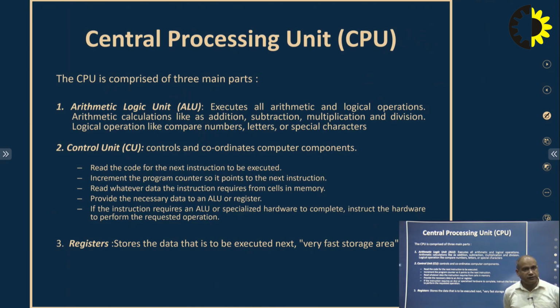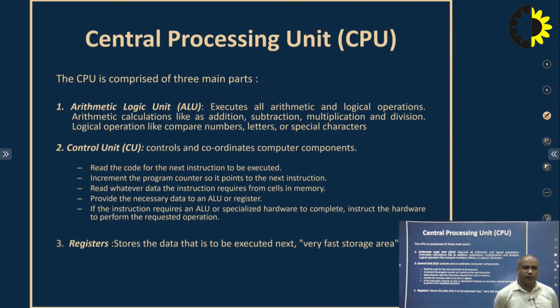In the CPU there are three parts: first is the ALU, second is the control unit and third is the register. The ALU, or arithmetic and logical unit, executes all arithmetic calculations like addition, subtraction, multiplication, division, and logical operations like comparison of letters and special characters. That is the part of the arithmetic and logical unit.